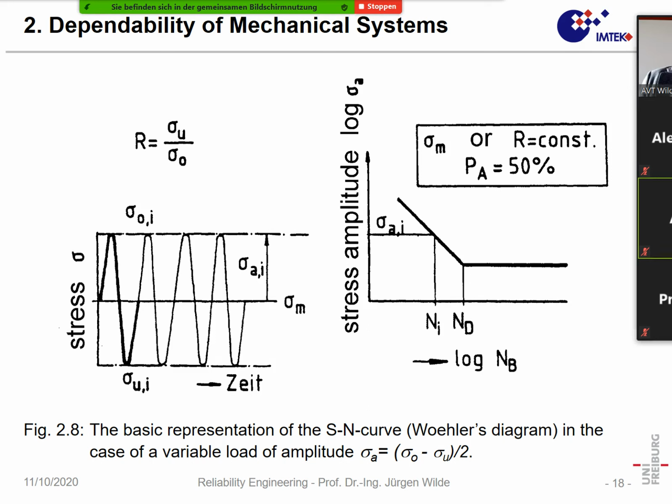So one of the questions to you might be, what is worse when we have alternating stress, when we have a superposition of tension or a superposition of compression? What is worse? Could be a question in an exam, for instance. And do you have a simple idea what could be worse?